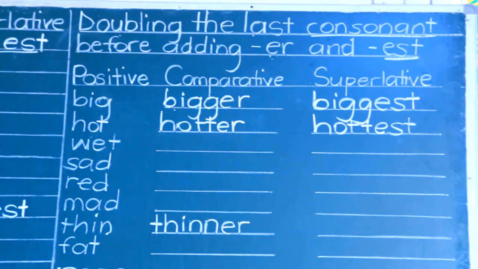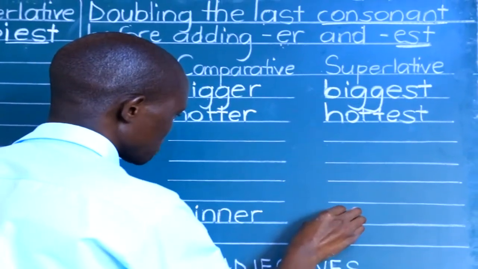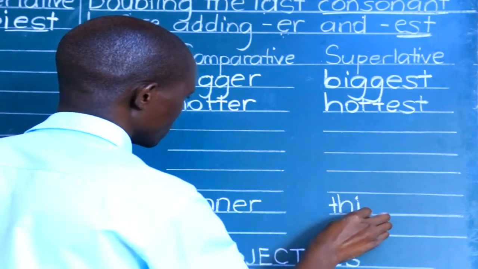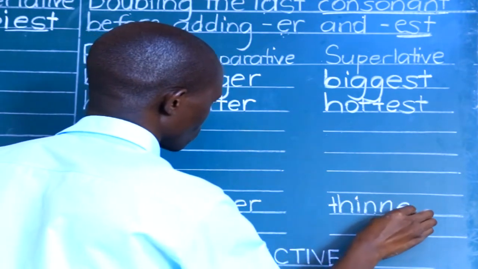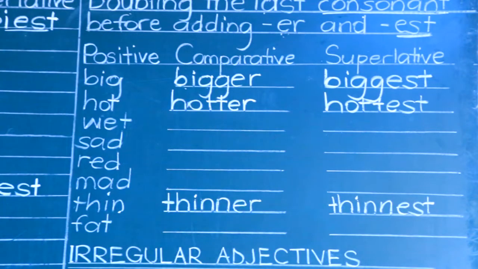Finally, we have formed the word thinner. Then the superlative, thinnest. T-H-I-N-N-E-S-T. If you are following me step by step, you'll discover these things are easier than reciting the alphabet, A, B, C, D, E, whatever. So, very easy if you are following the teaching.